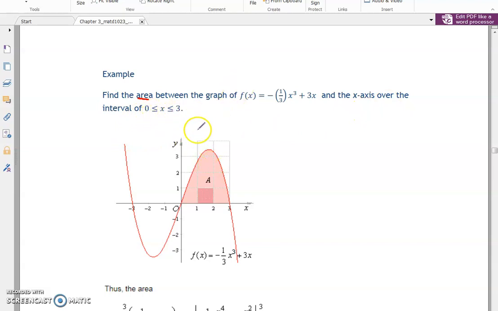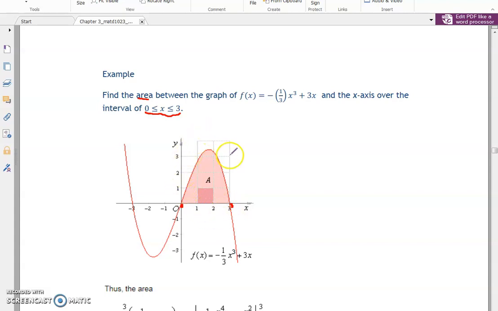So what you need to do with this kind of question is try to illustrate it in a graph. In this case, the graph is already given, so there is no need to sketch it. Because the question says to find the area between 0 and 3, the value here is 0 and the value here is 3.